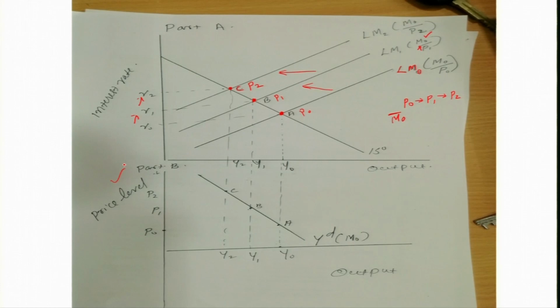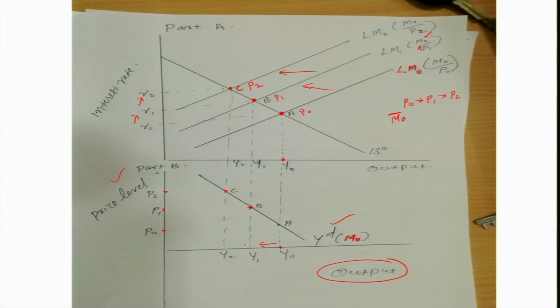you can see that at price P0, the corresponding output is here. When the price level is increased, you can see equilibrium position B and equilibrium position C. On the right hand side we have output, that is aggregate demand, at nominal money supply M0, and at a different price level you can see that output is declining.